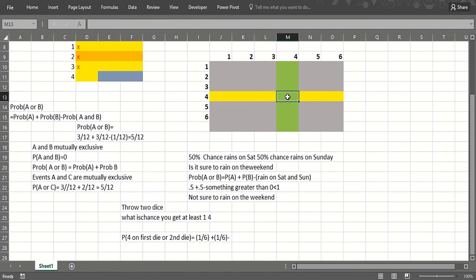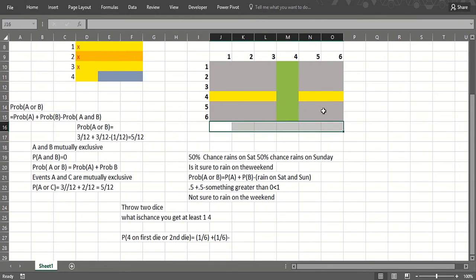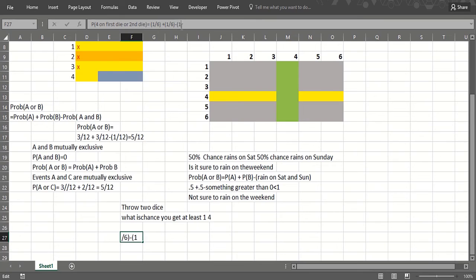There's 1 point out of these 36 that would give you it on both. So you'd have to subtract off the 1 chance out of 36 that you would get it on both, and that's 11 divided by 36.